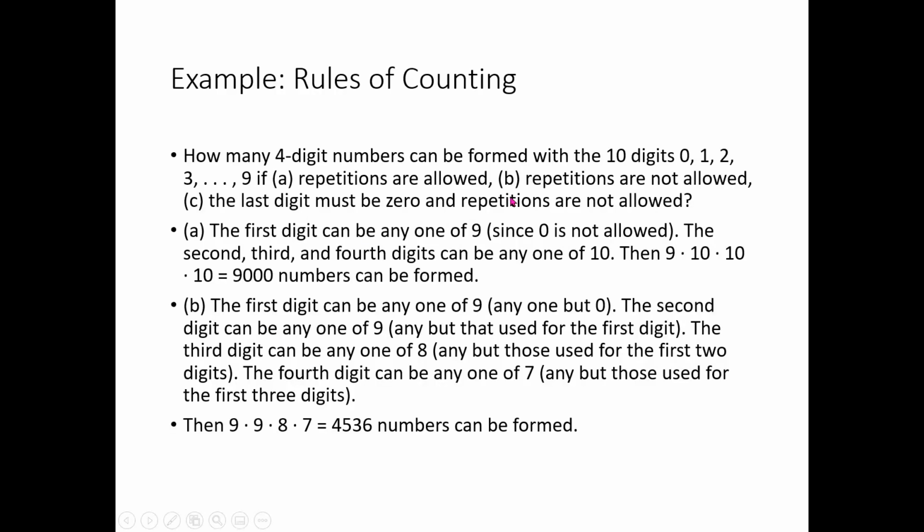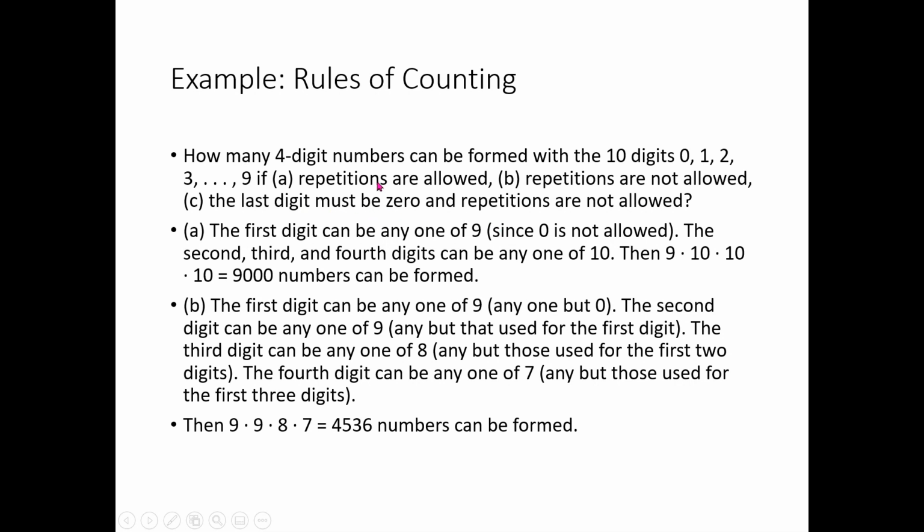Okay, now we have some examples about rules of counting. How many 4-digit numbers can be formed with the 10 digits 0, 1, 2 and so on? In part A it says that repetitions are allowed. In part B it says that repetitions are not allowed. I haven't solved part C, so please ignore that.